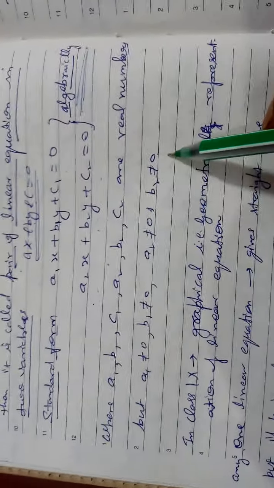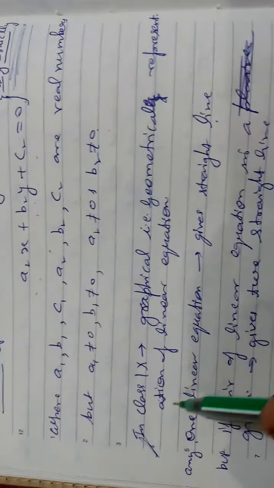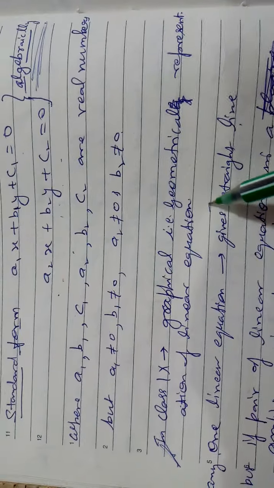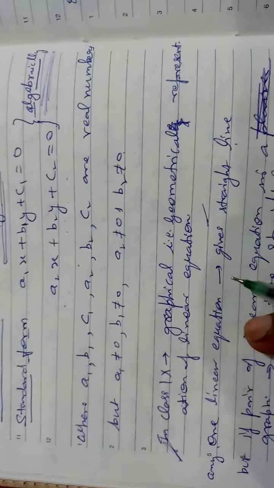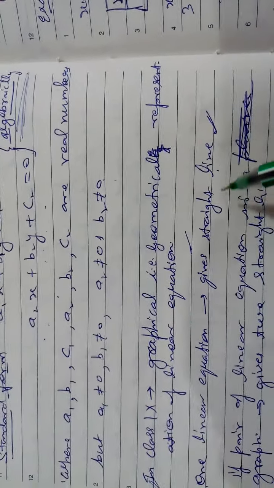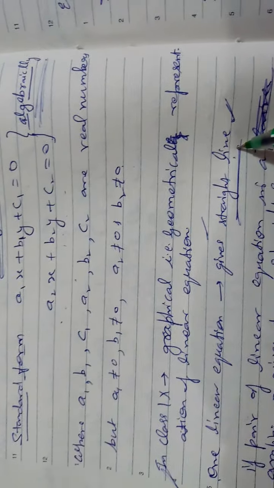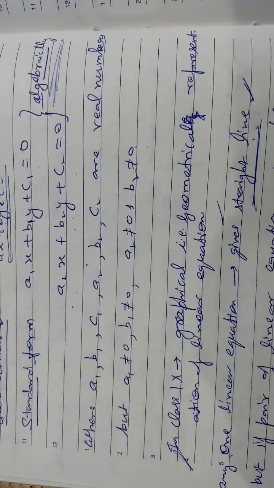In class 9 we know the graphical, geometrical representation of the linear equation. One chapter is here. Any linear equation always gives a straight line, never a curved line. If it is curved, then something is wrong. You never get a curved line for a linear equation.